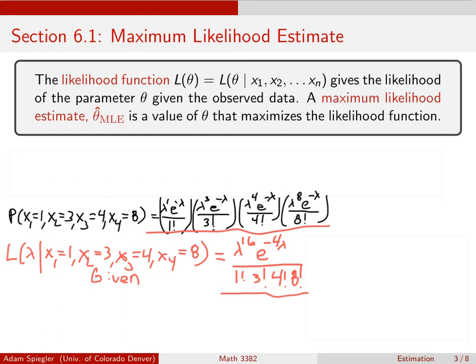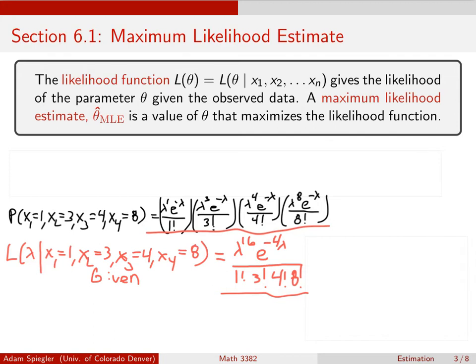In this case, theta is denoting some arbitrary parameter. So the likelihood function gives the likelihood of the parameter theta given the observed data that we have. And so a maximum likelihood estimate, which we're going to denote with an MLE, is the value of theta that maximizes the likelihood function.